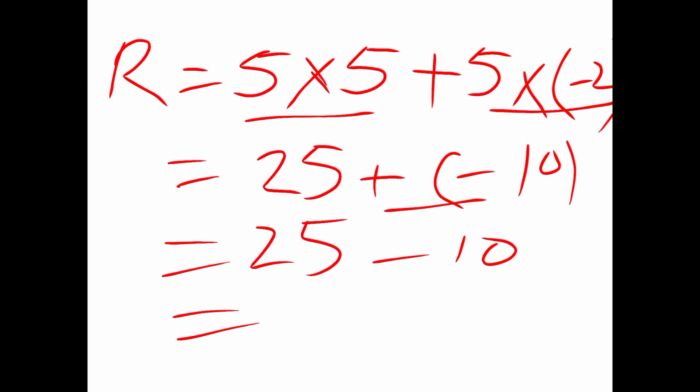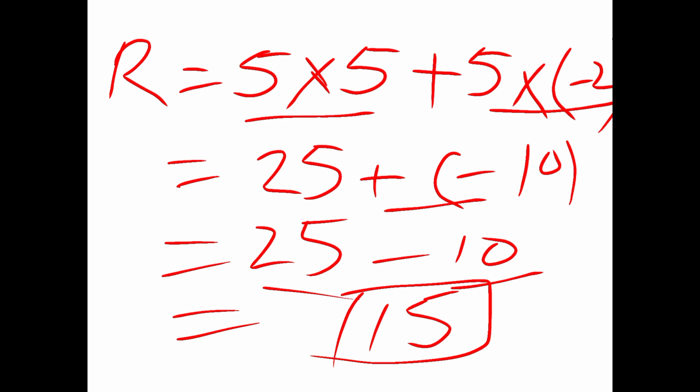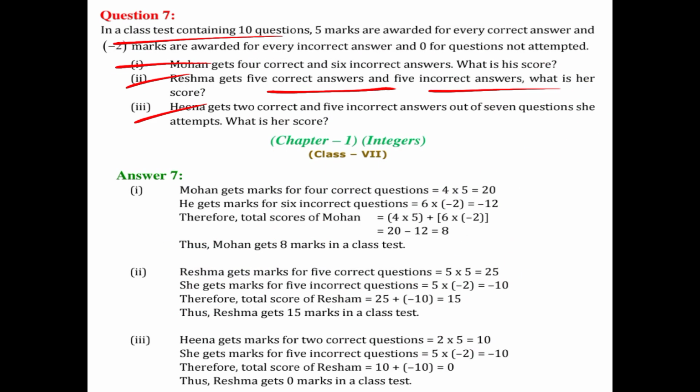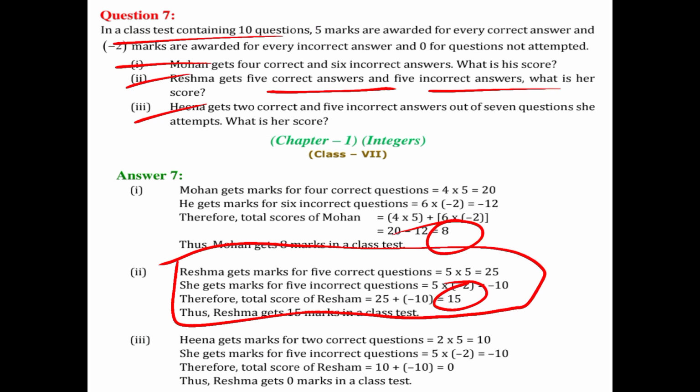So that is equal to 25 minus 10 is equal to 15 marks. These are the final marks of Reshma. So you can see here Reshma's final score is 15. Mohan is 8. Now about another student, Hina.